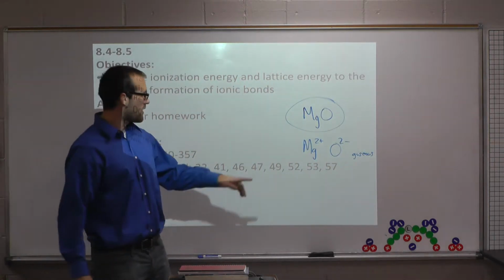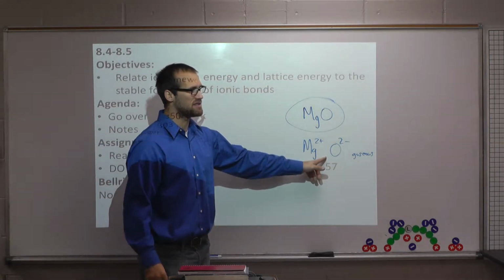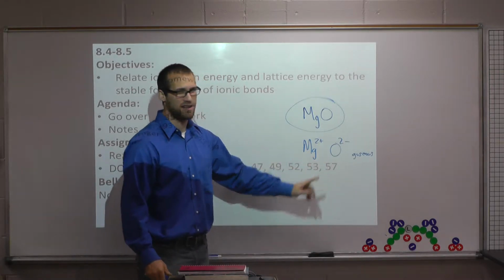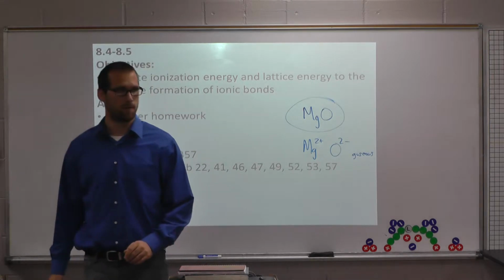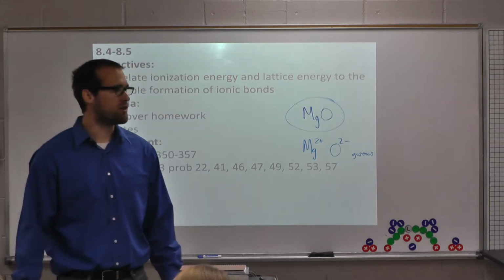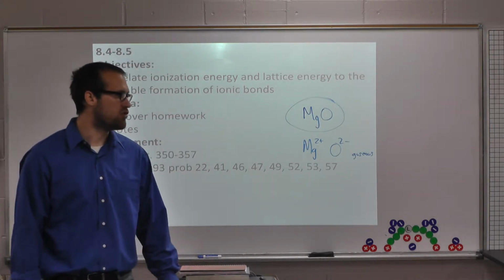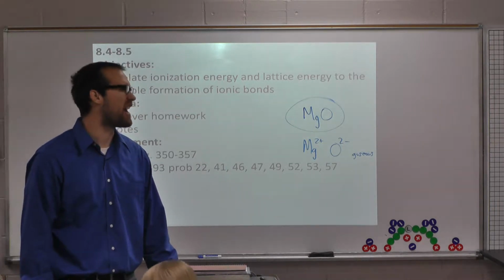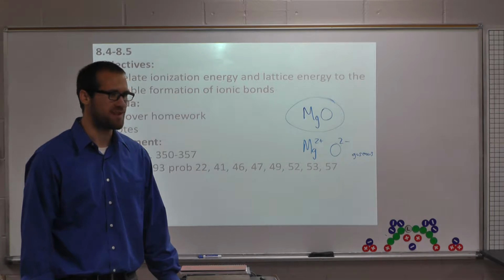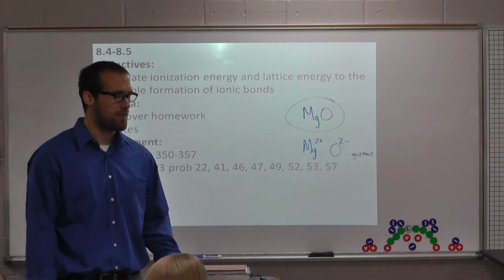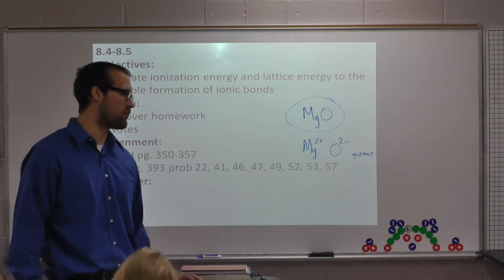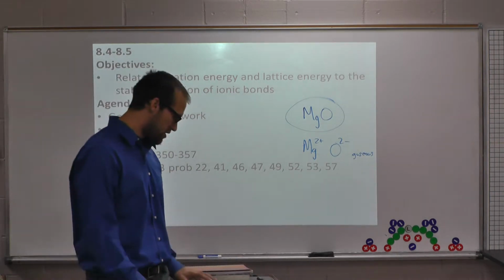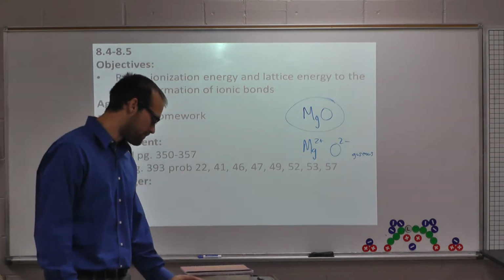In fact, it would rather be in its lone neutral atom state than in the gaseous ion state. So when we're talking about ionic compounds, we're going to assume we're talking about the solid state, but just making sure that we're aware of that.